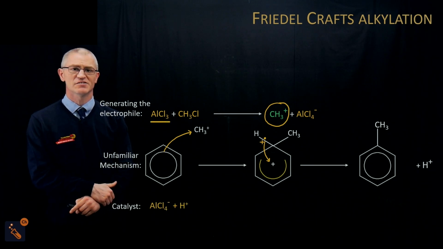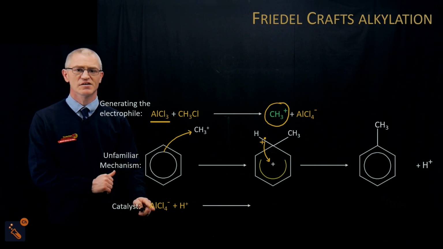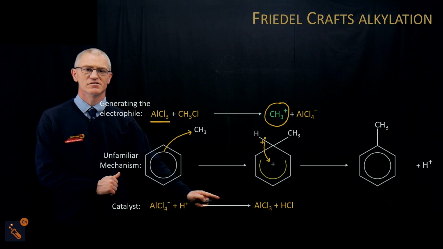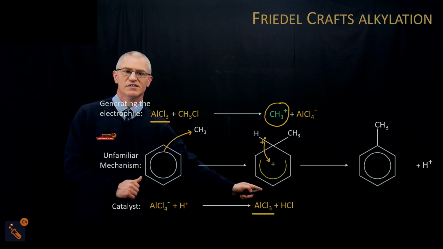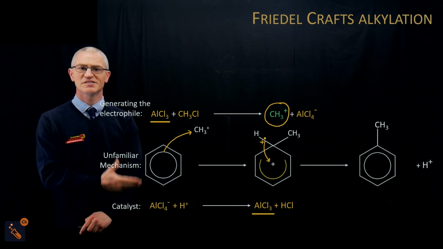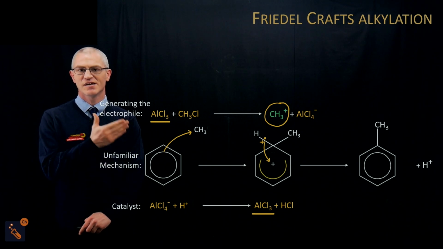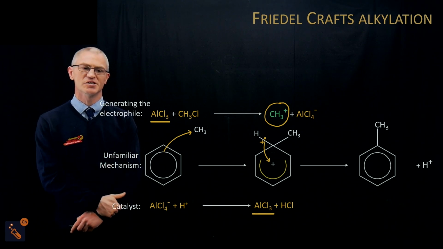We take the AlCl3, create our AlCl4-, and then plus the H+, we regenerate our catalyst again, and then we have our final product again. So you can see that this is exactly the same as chlorination, bromination, and nitration. It should be becoming familiar, hopefully, by now.